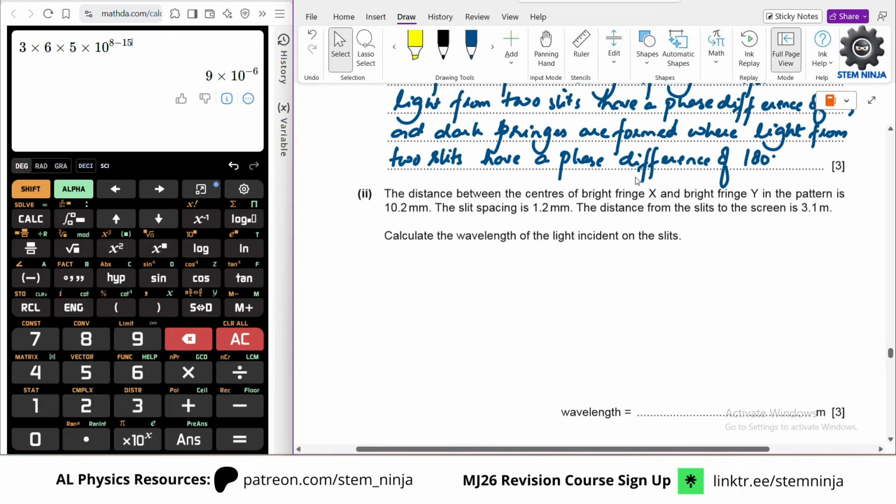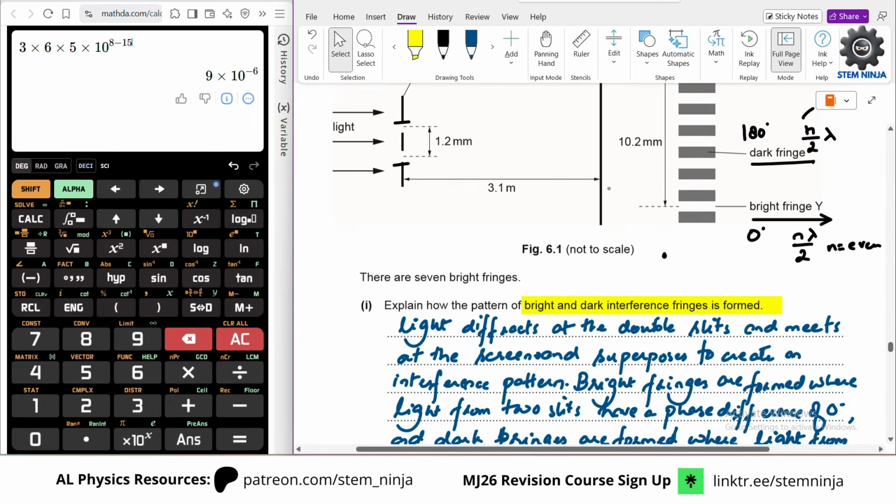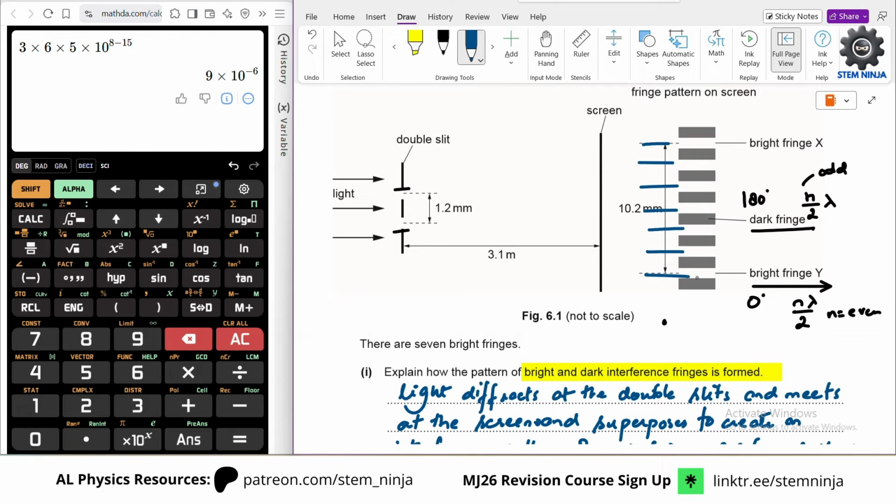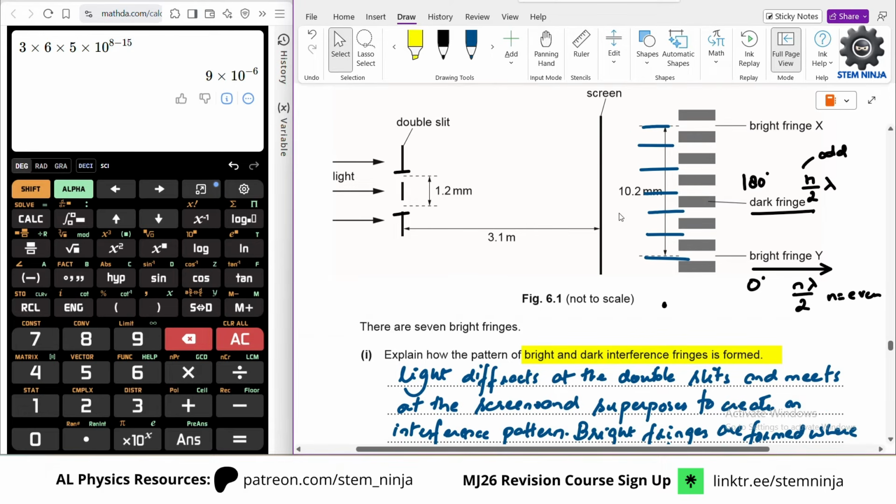Okay. The distance between the centers of the bright fringe and the bright fringe Y in the pattern is 10.2 millimeters. So, okay, you have 1, 2, 3, 4, 5, 6.